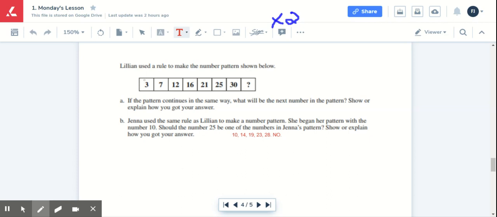We know that 3 plus 4 equals 7. But 7 plus 4 equals 11 and not 12. But 7 plus 5 is 12.